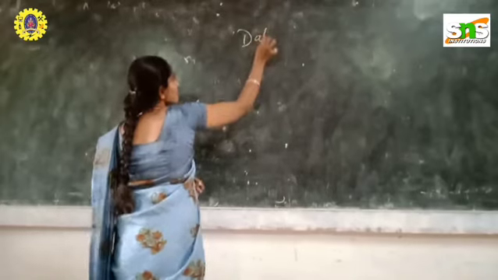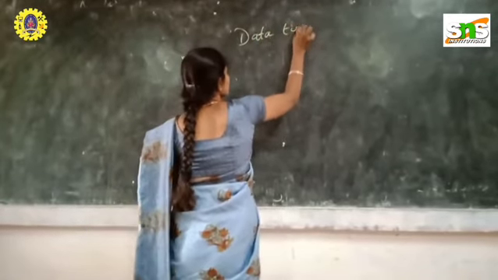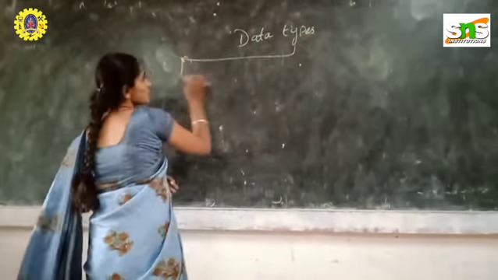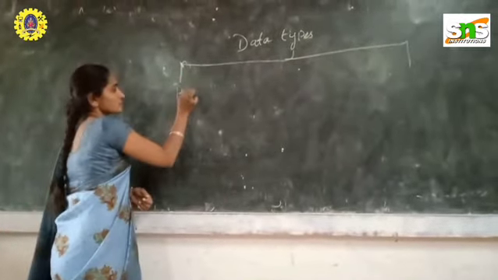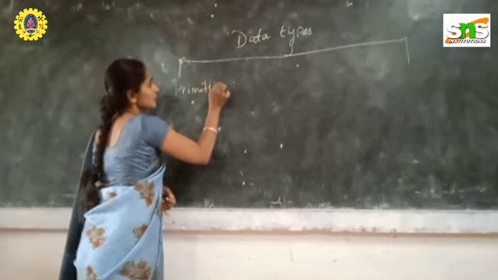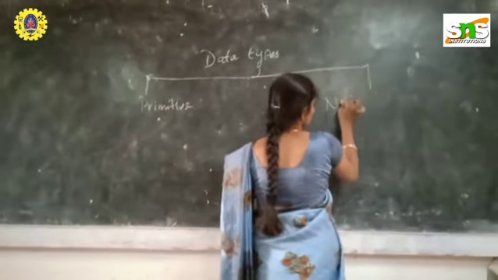The data types are of two different types. The first one is primitive data type and the next one is non-primitive data type.